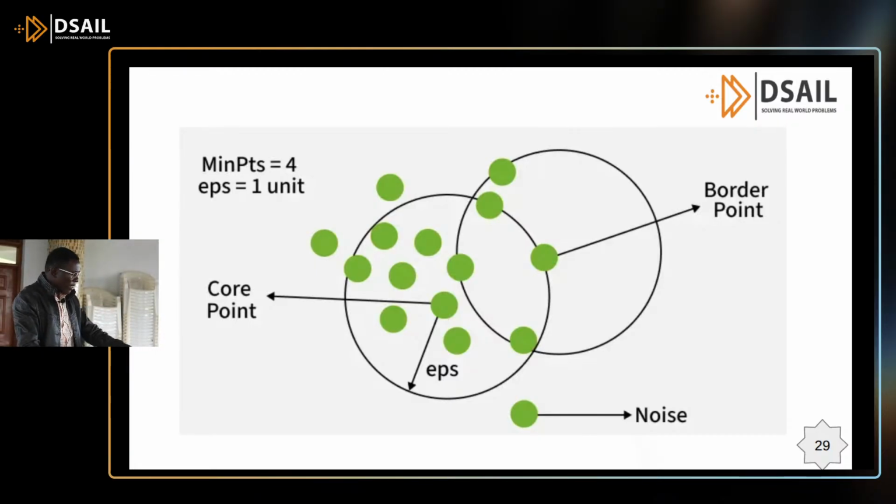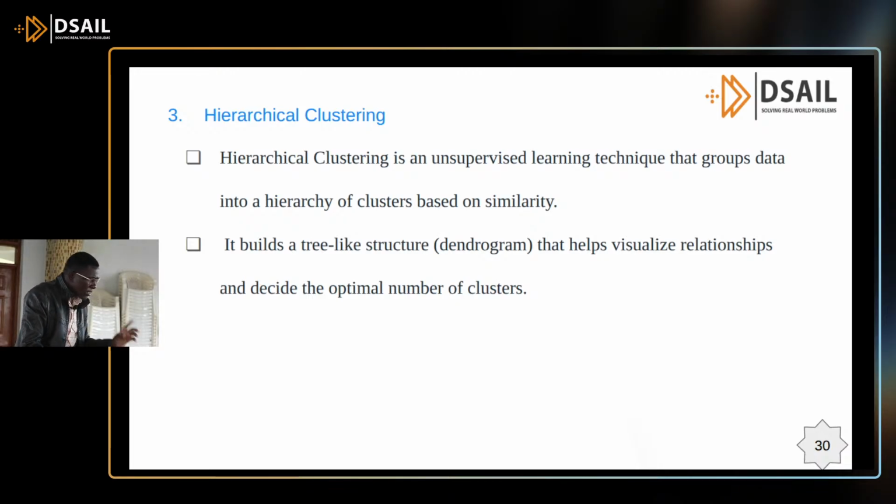And then we're going to look at hierarchical clustering. This forms clusters with a tree-like structure called a dendrogram that is used to decide the relationships, and it joins them together based on some sort of feature.